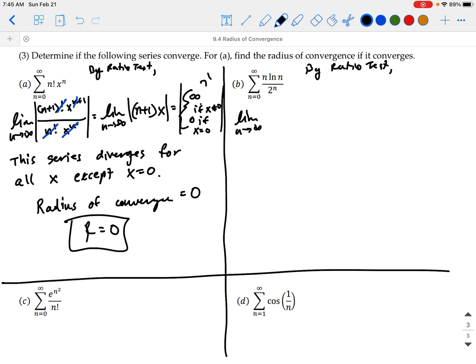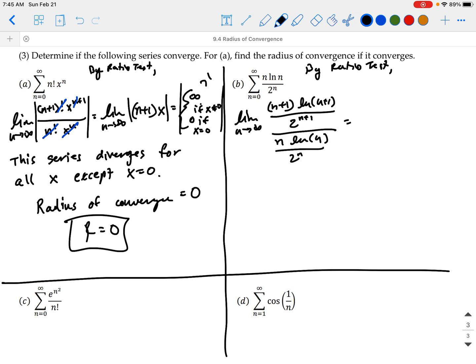We've got the limit as n goes to infinity of n plus 1 times the natural log of n plus 1 over 2 to the n plus 1, all of that over n ln of n over 2 to the n.